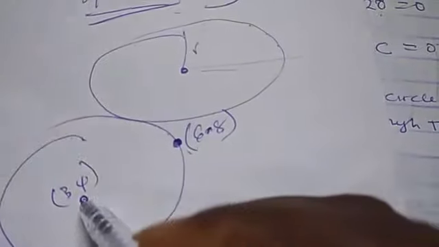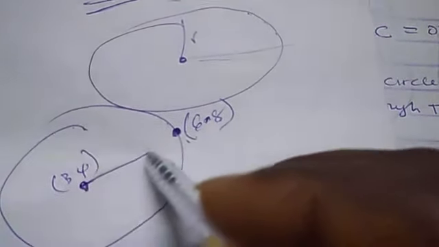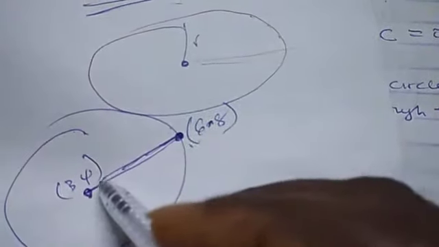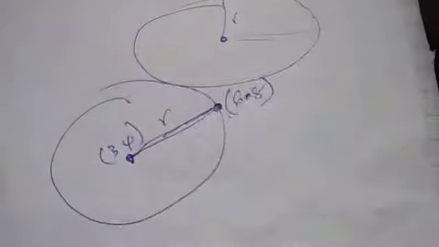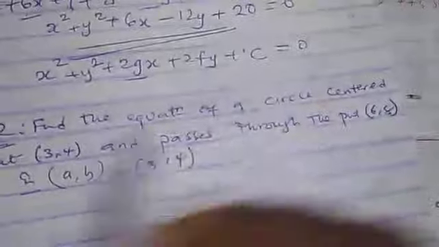So let us assume that (6,8) is here. The distance from the center to any point on the circle is the radius. So how do we find the radius? We use the distance between two points.